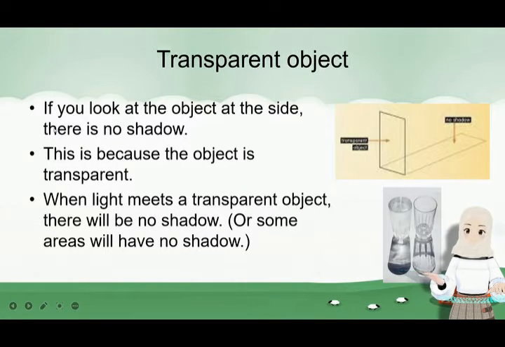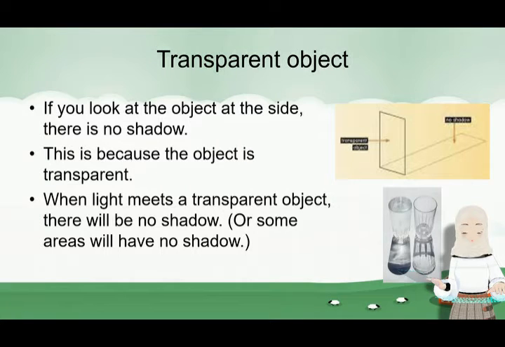Transparent objects. If you look at the object over here, you can see maybe at the sides there's a shadow, but at the center, there is no shadow. This is because the object is transparent. When light meets a transparent object, there will be no shadow, or some areas will have no shadow.